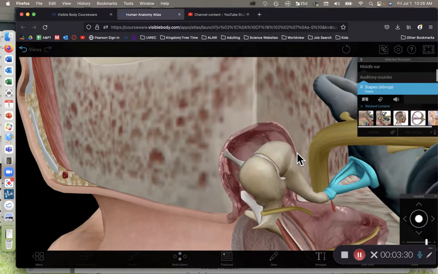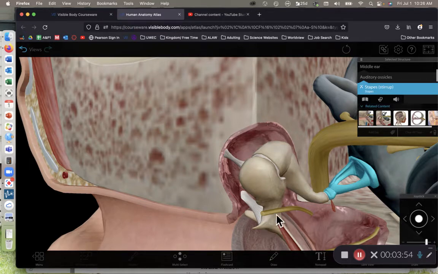In lab, since this is a college course, we're going to stick with technical terminology, so don't use the hammer, anvil, and stirrup. We want malleus, incus, and stapes for these bones. And we're only asking you to know the whole bone. We're not asking for substructures of the bone.